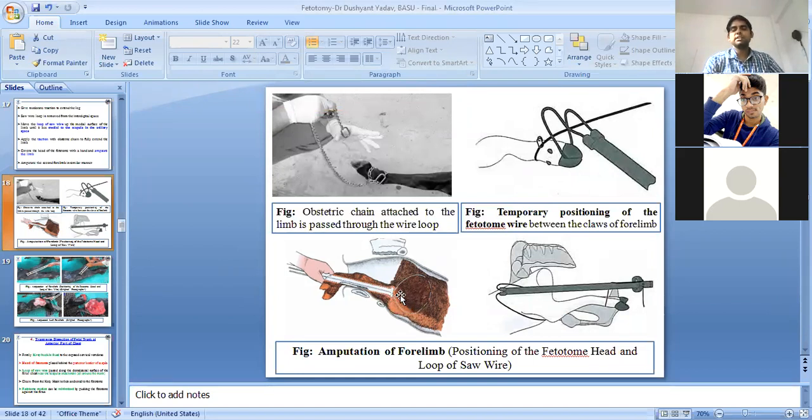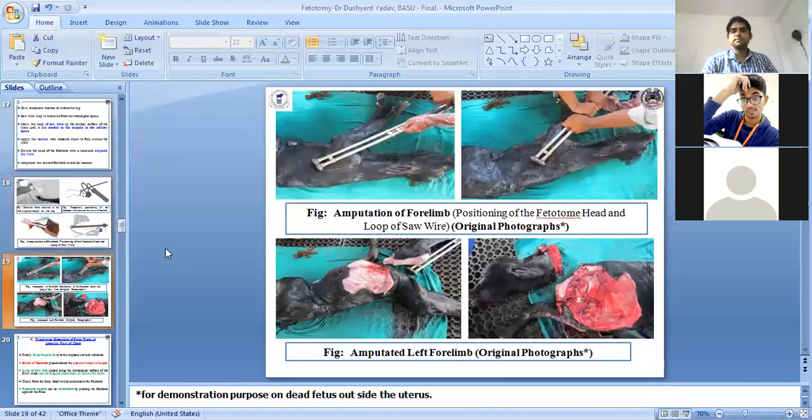The wire shaft should be placed medial to the scapular joint and the head of the fetotome posterior to the scapula.